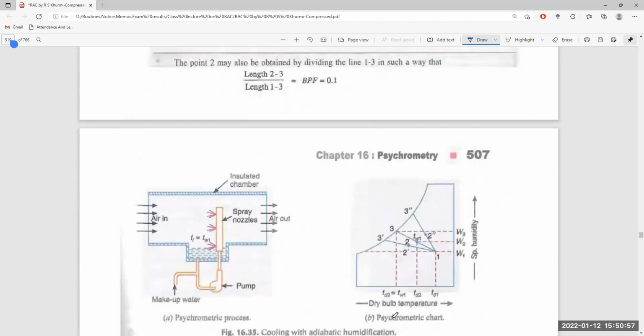This process is shown in the psychrometric chart, along line 1 to 3, with line 1 starting from this point and ending at point 3.